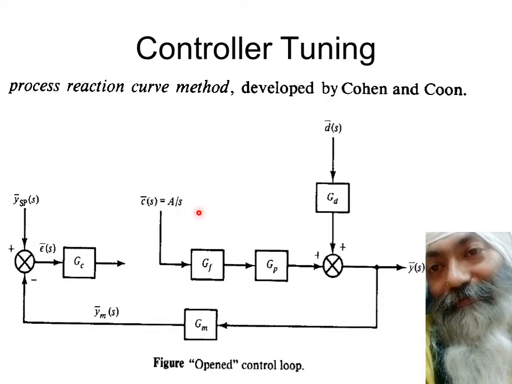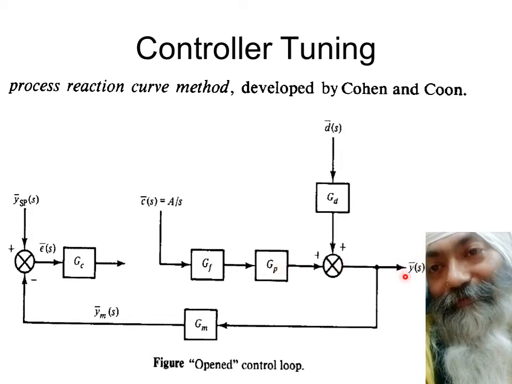And mind you, observe carefully, the step change is not a unit step change, but a step change of magnitude capital A. So this is what is given to the final control element, which acts upon the process, and it brings about a change which is monitored.